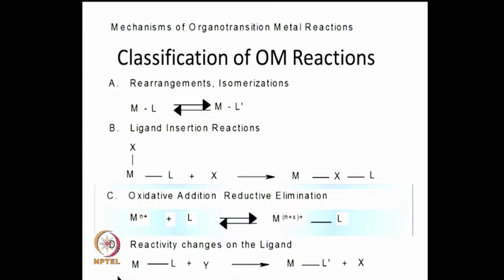The name addition, and the increase in the formal oxidation number of the metal, gives the oxidation part. This reaction can be reversible, and so you can have both oxidative addition and reductive elimination in the catalytic cycle.